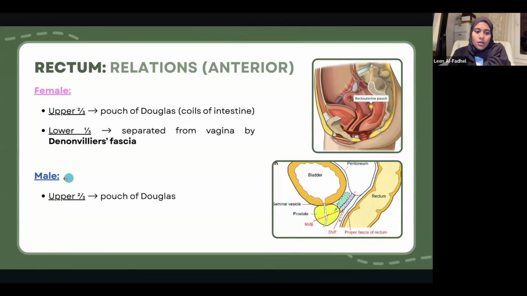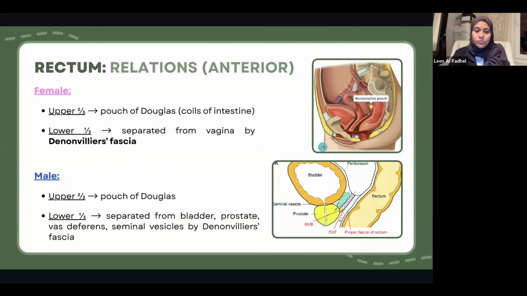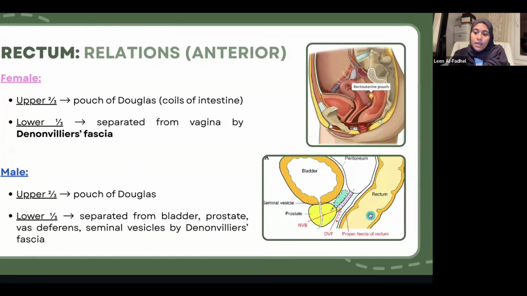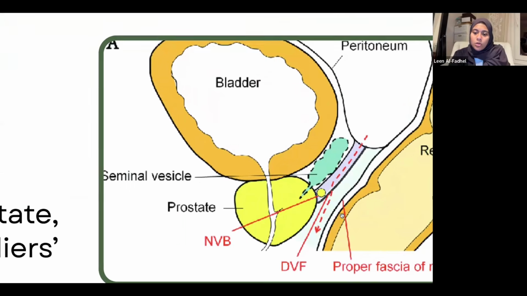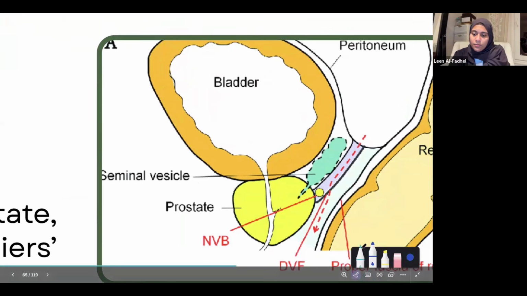So for the upper part in males, same thing, pouch of Douglas, but instead of recto-uterine, it's recto-vesical. Lower 1/3, instead of being separated from the vagina, in males it's separated from the bladder, prostate, vas deferens, and seminal vesicles. That is what the rectum is separated by, and it's the same fascia, Denonvilliers fascia.